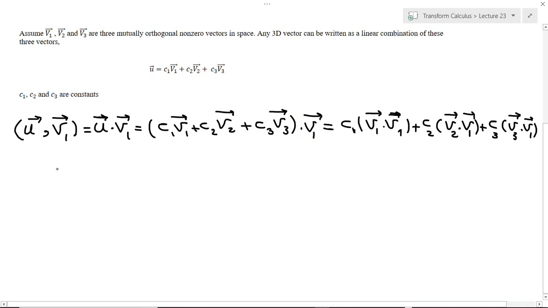So in fact, the inner product of vector U and V1 is equal to this.